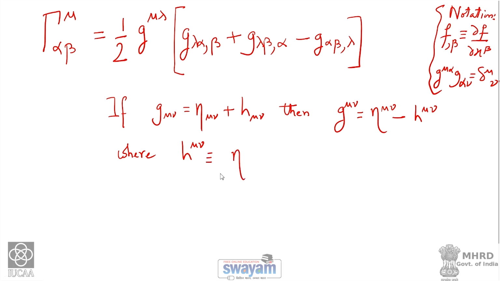So, therefore, h mu nu is eta mu alpha, eta nu beta, h alpha beta.